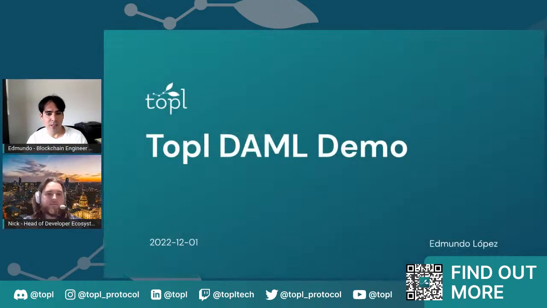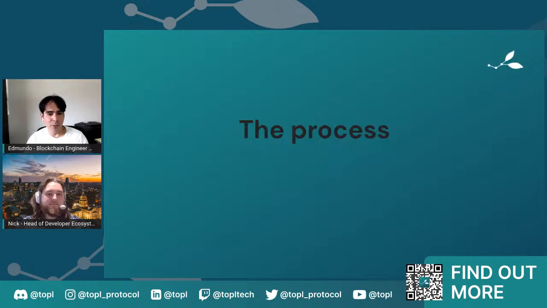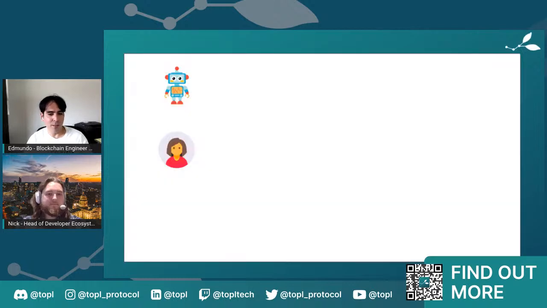Maybe let me share a small presentation here. This is the process that we will be showing. We have two parties here: Alice and a robot, which we will call the operator. The operator is a party in the DAML system that can also create contracts and exercise choices.